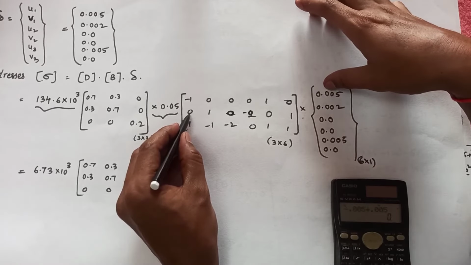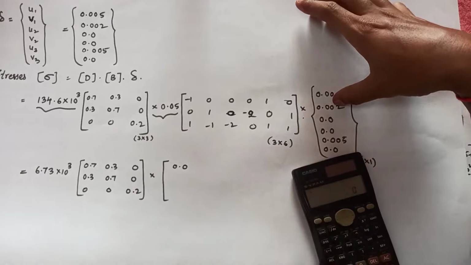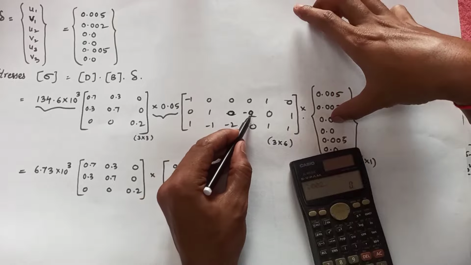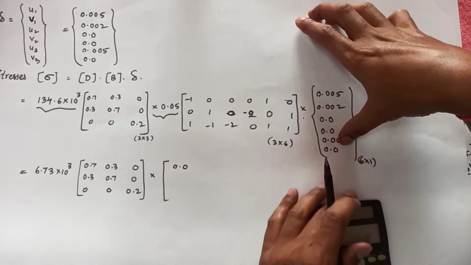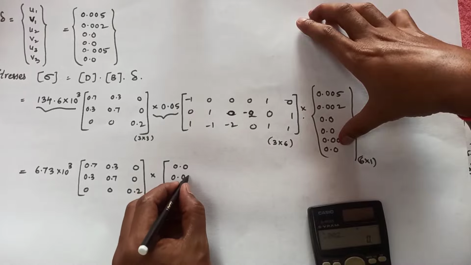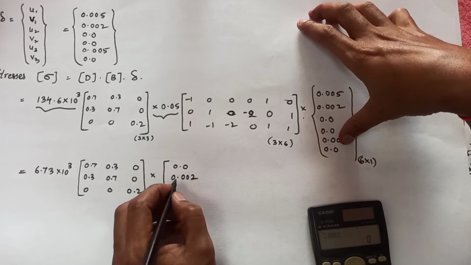Again for the second one, 0 into this value you will get 0, 1 into this, so 0.002, again 0, 0, 0, 1, 0, so you will get 0.002 in the second row.